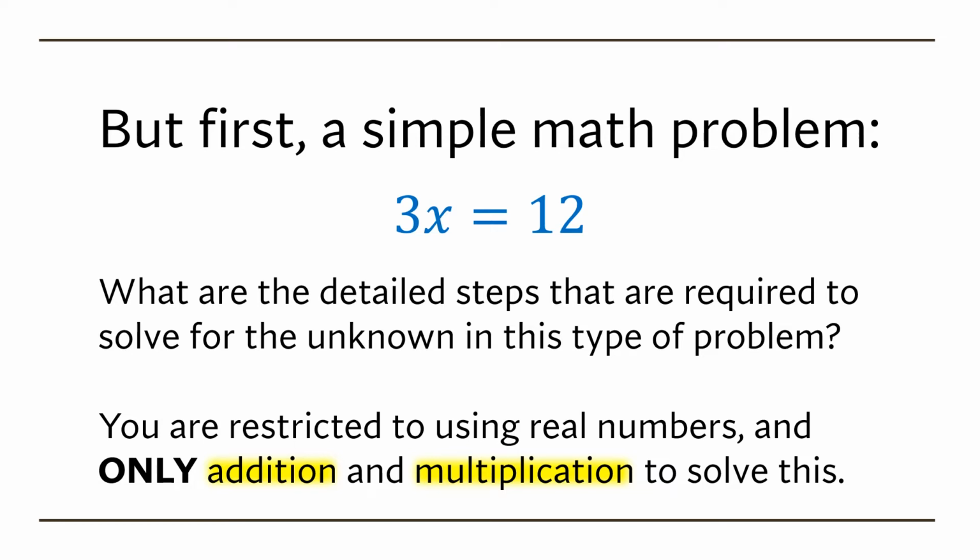So that's all you have. So if you looked at this problem and you said, well, I solved it by dividing by 3, well, in our upcoming problem, you can't use division. You can only use addition and multiplication. So we'll have to figure a way around not being able to use division.